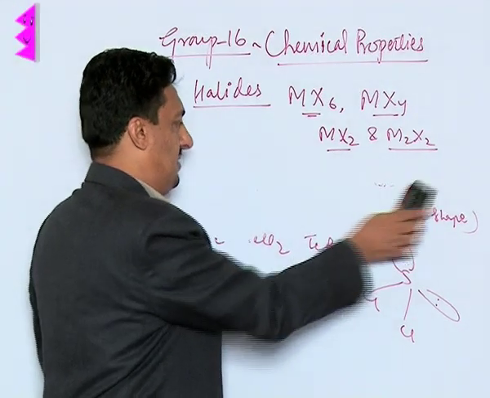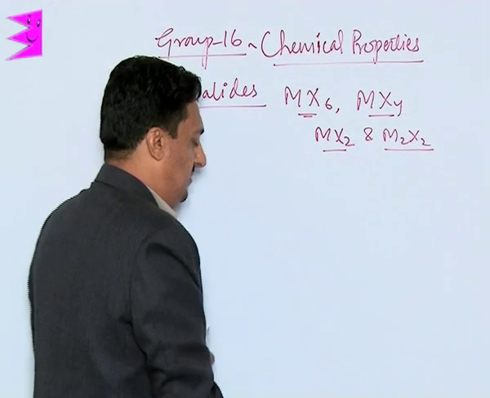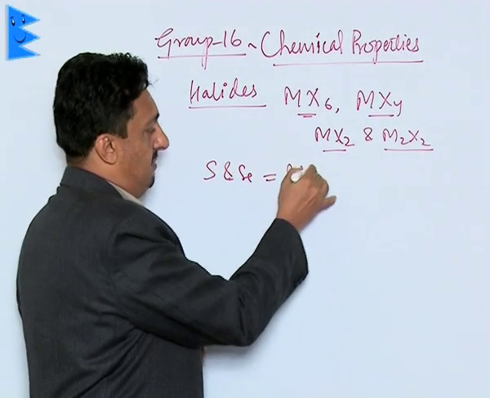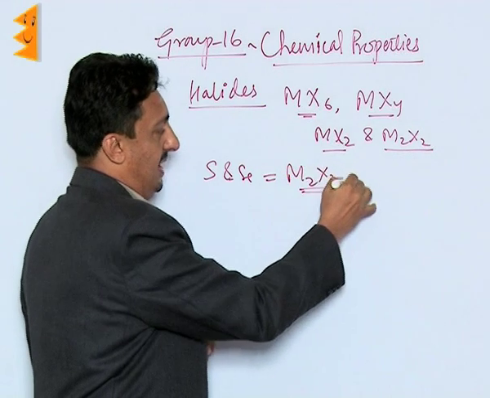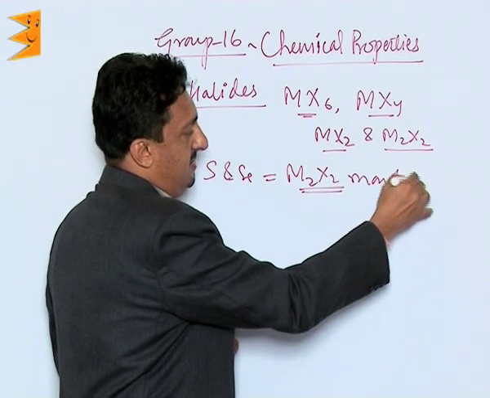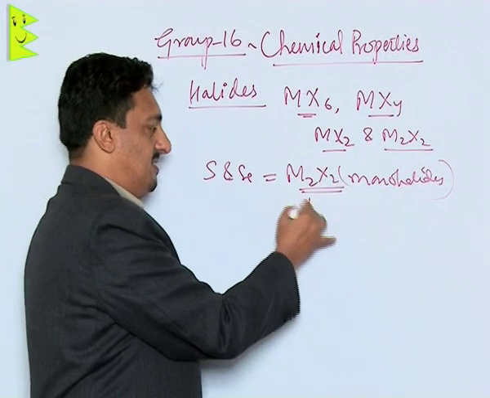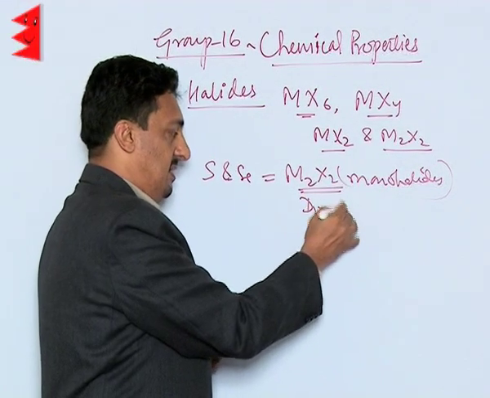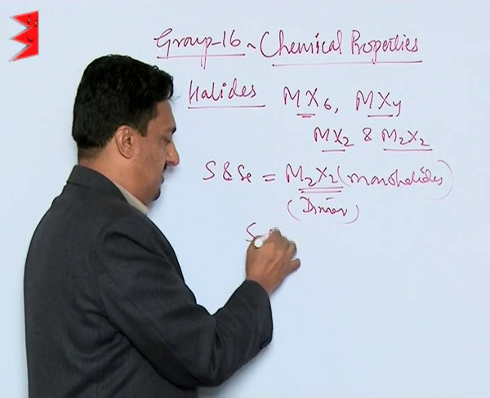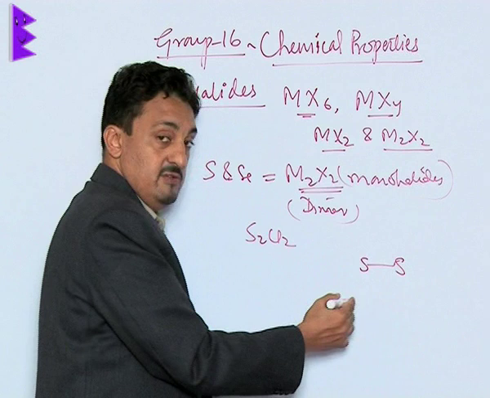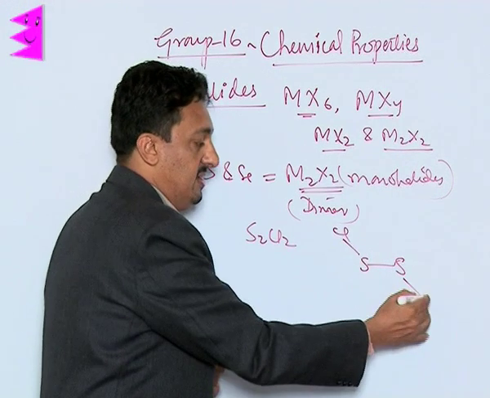Now let us talk about the monohalides. Sulfur and selenium also form these M2X2 monohalides. Remember, these monohalides cannot exist as a single unit, so they exist in the form of a dimer. I can give you the example of sulfur monochloride. There is one bond between the two sulfurs and one with each of the chlorines.